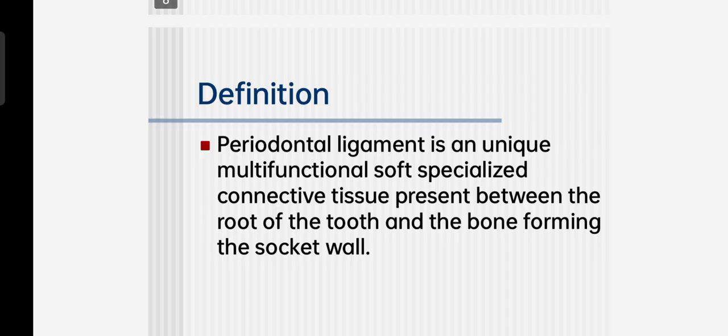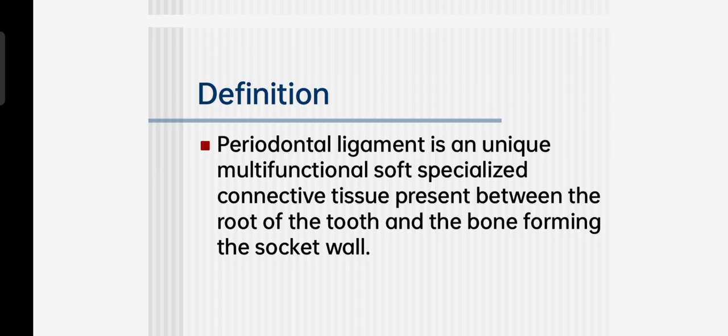Then we will be writing the definition of periodontal ligament. Periodontal ligament is a unique, multifunctional, soft, specialized connective tissue present between the root of teeth and the bone forming the socket wall. So periodontal ligament is a unique structure because it is bonded by tooth on one side and bone on the other side.